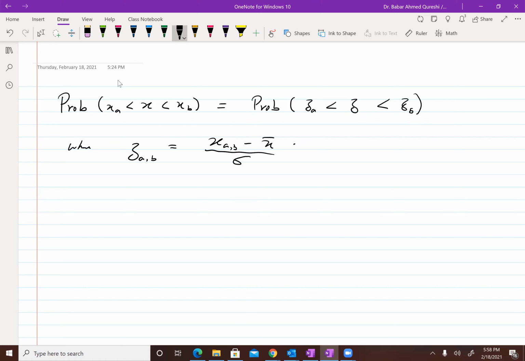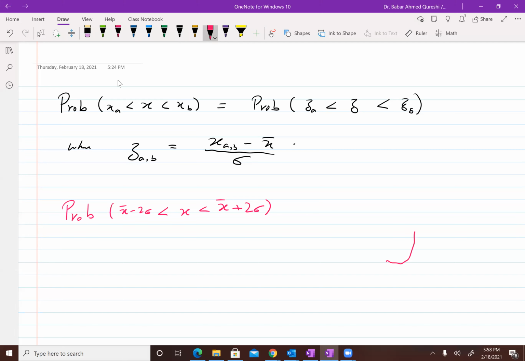So for example, if I want to know what is the probability of X being between its 2 sigma, 2 standard deviations around its mean value.